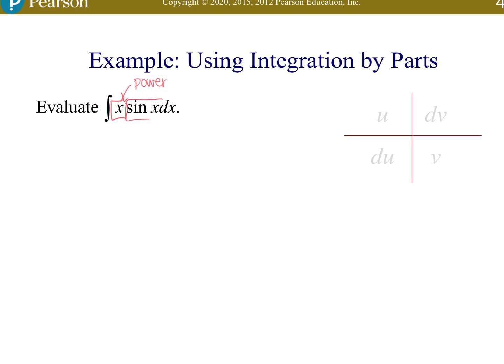And I have a trig. So according to the LIPET hierarchy, the x is what I'm going to choose as my u. So u is going to be x. That means everything else is left as my dv, sine x dx, and I'm going to do an integral on that.